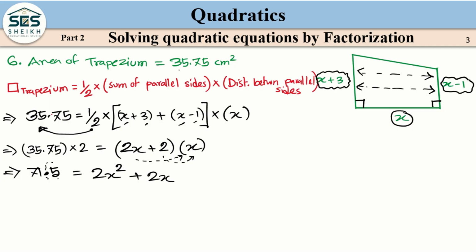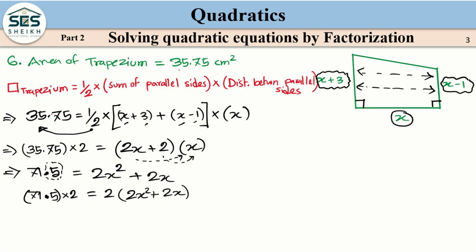So 71.5 times 2 equals 2 times 2x squared plus 2x. We will have to multiply both sides with 2 to get rid of this 0.5, which actually means half.